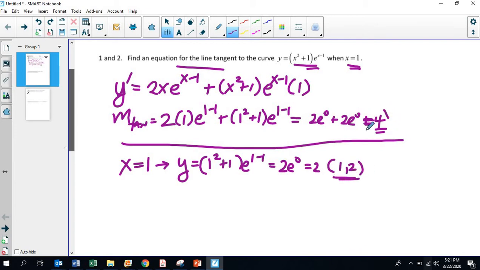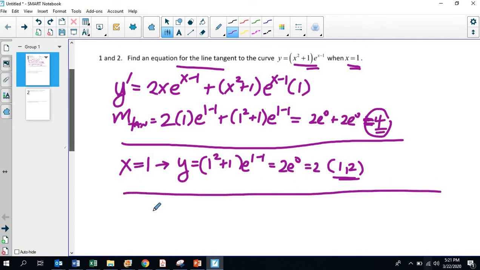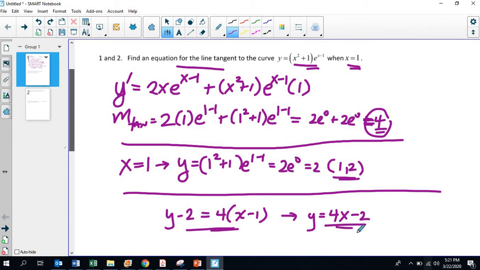So we have this point, we have this slope, and so finally we're able to use the point-slope formula, which gives us y minus y1, 2, equals m times x minus x1, 1, and I'm fine with that. Or if you wanted to solve for y, you distribute and get 4x minus 4, add a 2 to that, and you get 4x minus 2.